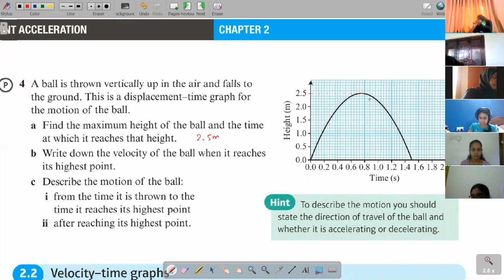So you have to see the highest peak of the graph. I know it's a little bit difficult to see. Where do we have the highest peak? See where the graph is exactly symmetric, children. Is it at this point?